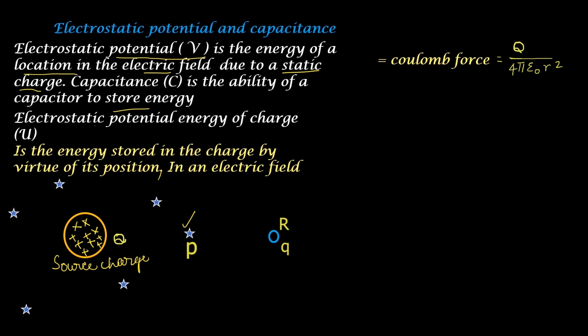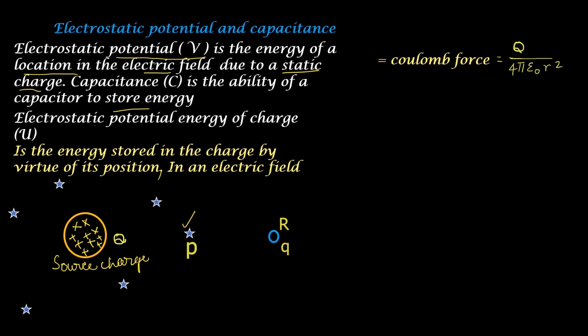The energy possessed when it is at location R will be less than that of the energy possessed at location P.